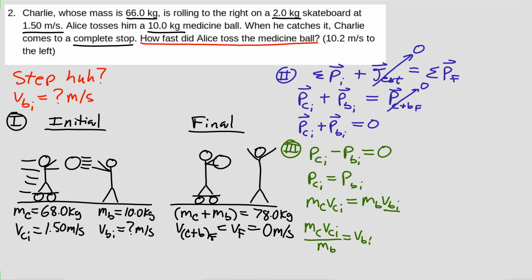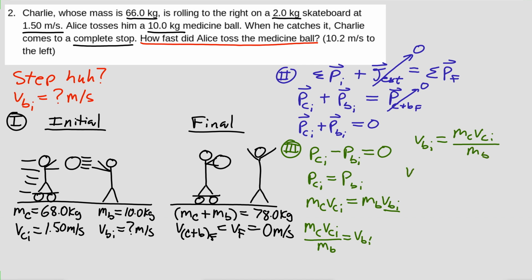Now I'm going to take this over to the right so I have a little bit more room, and I'm going to switch left and right at the same time. So that's just going to give me v sub ball initial is equal to mass of Charlie, velocity of Charlie initial, all of this divided by mass of the ball.